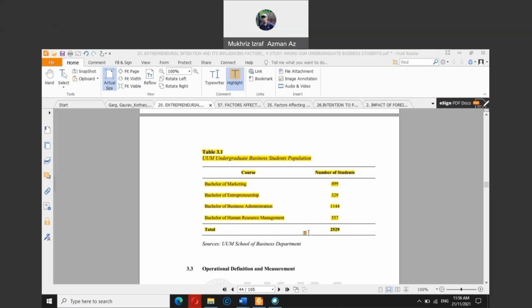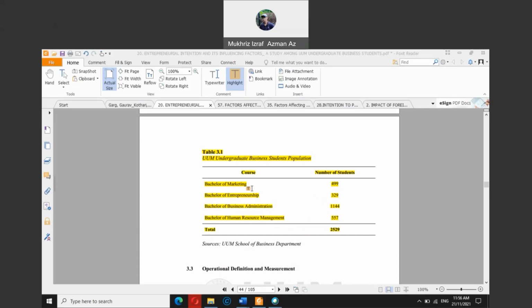I think this information is not confidential. It's just the number of students that you need to know. They are not going to give you the email address or the phone number, as that might be confidential information. But to determine the population size, you need to determine that properly.